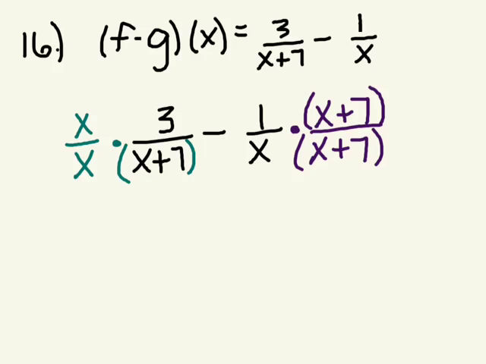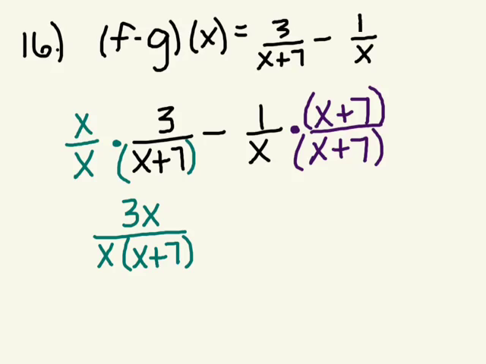For this first fraction, when we multiply x times 3, we get 3x. You never need to multiply out the denominator for me. If you leave the denominator as it is, it makes it easier to do domain, so I don't have a problem with you just leaving it multiplied out.